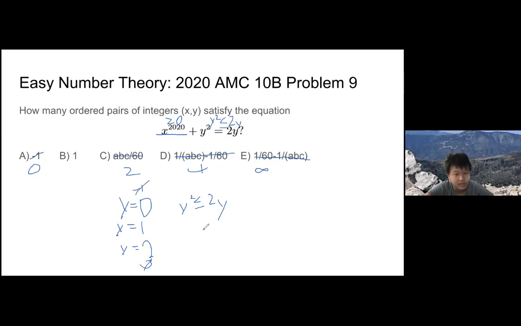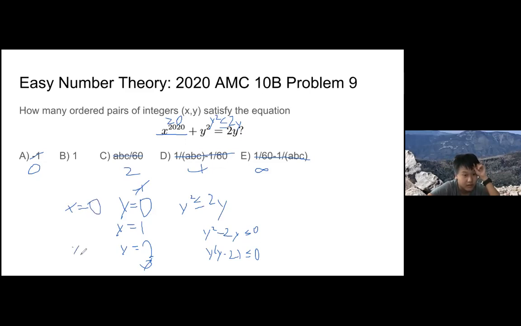In particular, this is because you want y squared minus 2y to be at most 0, which means you want y times y minus 2 at most 0. So you'd want one of y and y minus 2 to be negative. So that means y is 0, 1, or 2. And we can check if y equals 0, x to the 2020 is 0, so x equals 0.